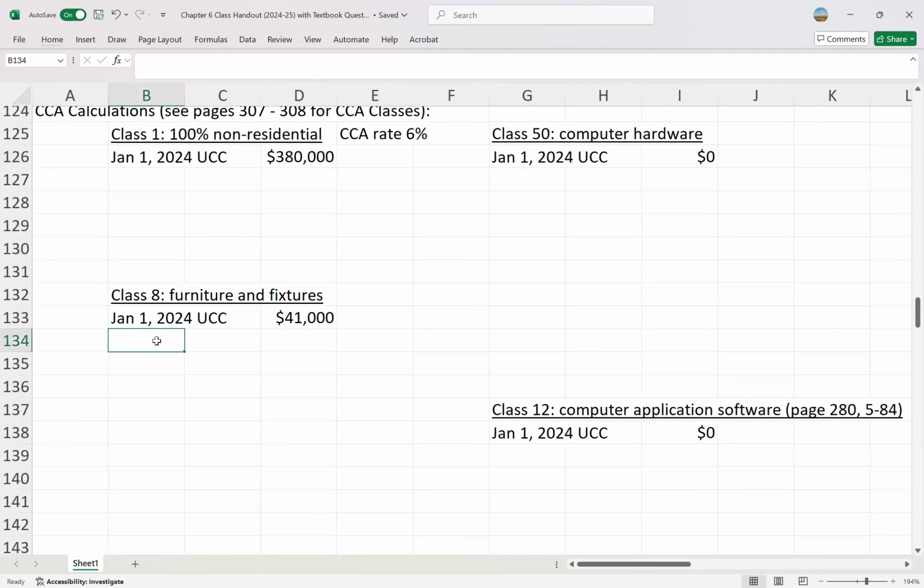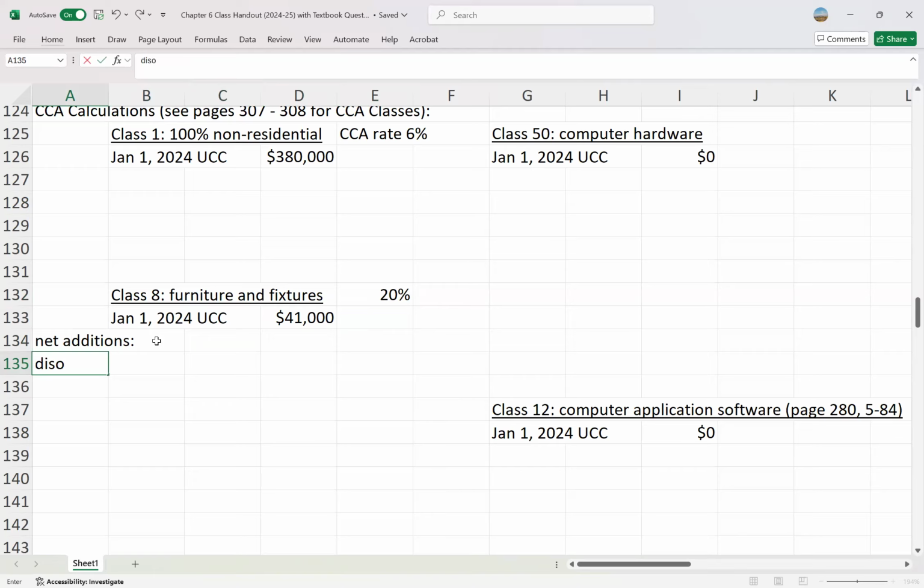So that's the beginning balance of $41,000. Now class 8 has a CCA rate of 20%, and you can check that on your CCA rates table. And then remember, we talked about this concept of net additions. Net additions is your new additions minus your dispositions.